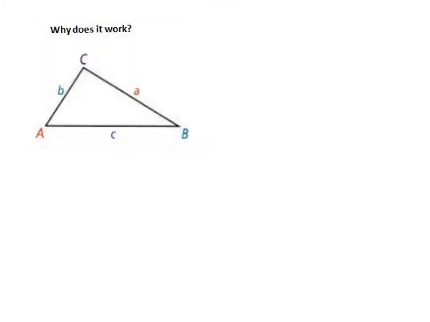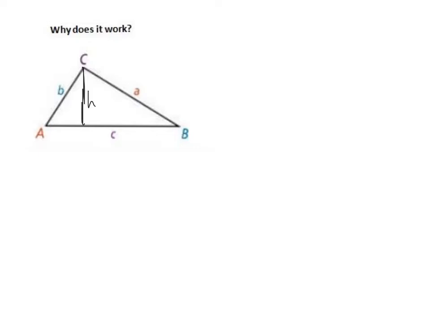So why does it work? We're going to add just a little bit to our picture here. Okay, that's the height of this triangle. And I'm going to write out a couple of relationships that I can see within that triangle involving the height.